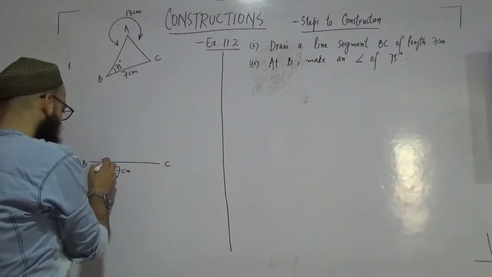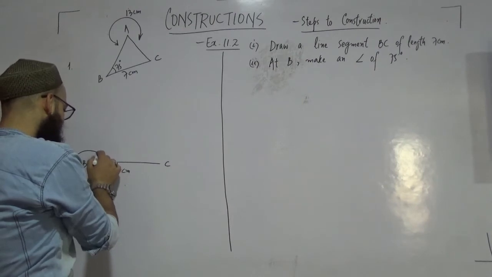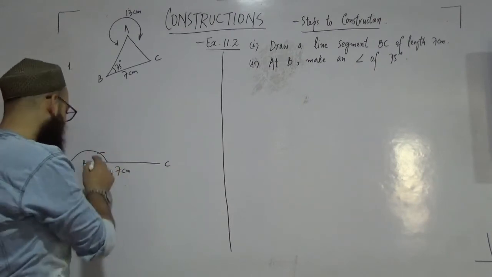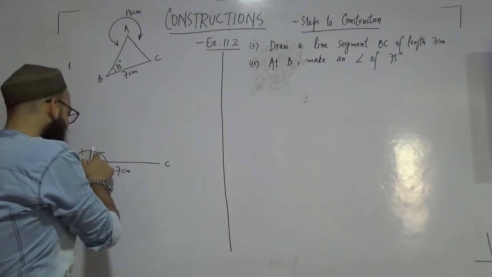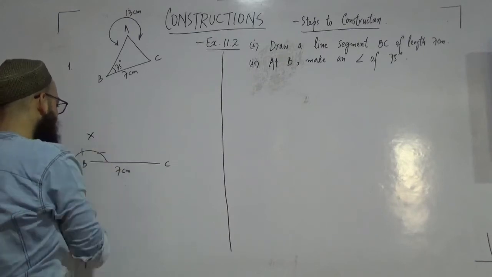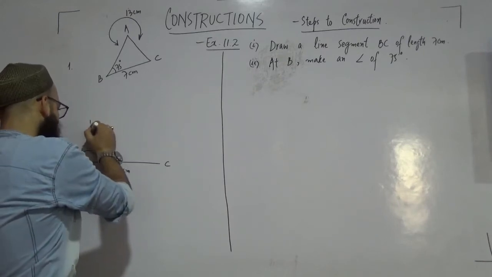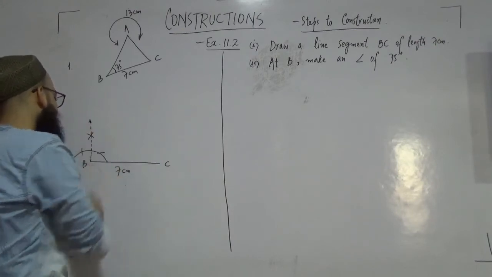See, first of all, I'll draw one arc. Then with this as center, I'll draw one. This is your 60. Then with this as center, draw one more. This is your 120. And with this as center, one here. With this as center, one here. This is your 90. Now let us have some dotted gray for 90 degrees.